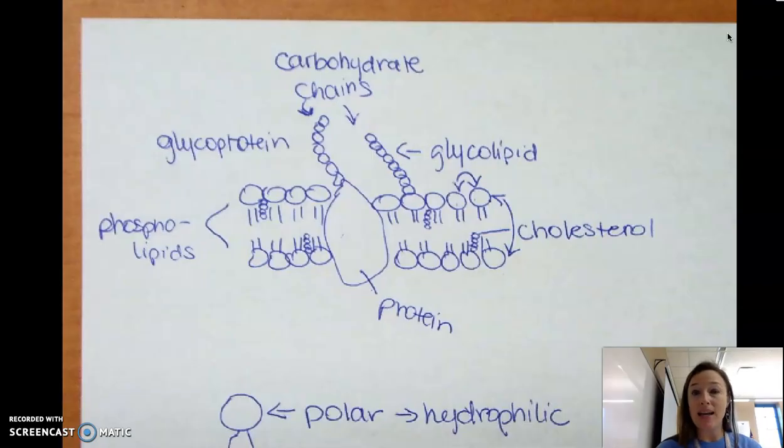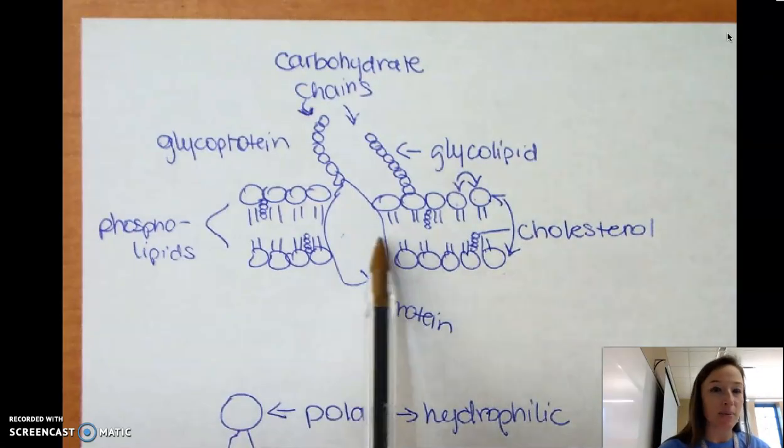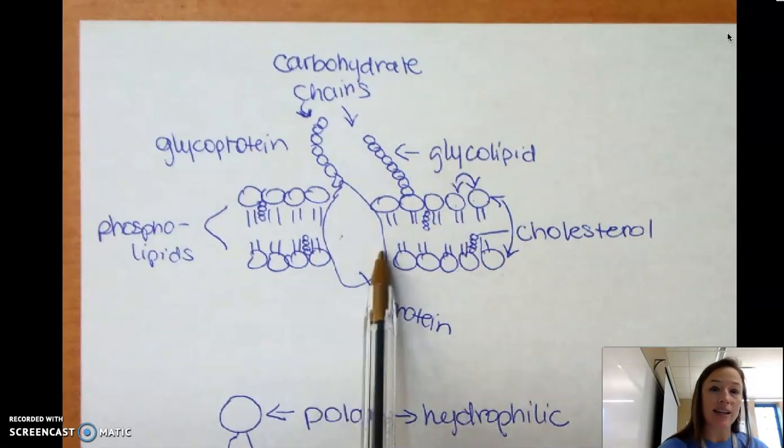The mosaic part is a mosaic, if you think about that as an art term, it is where you use little different pieces of something, paper, tile, whatever, and you use those different pieces to create your art, to create different images. Well, you're not creating images in your cell membrane, but these proteins are scattered throughout.